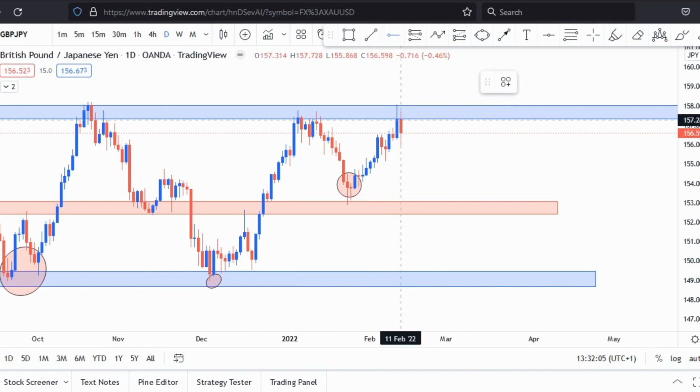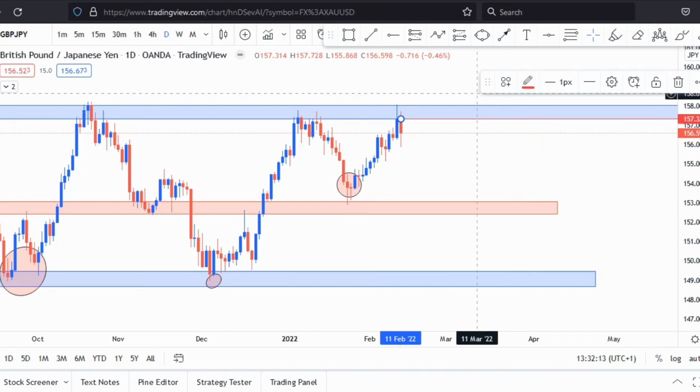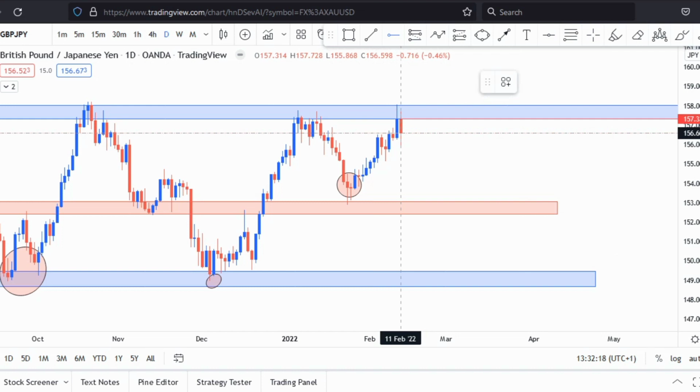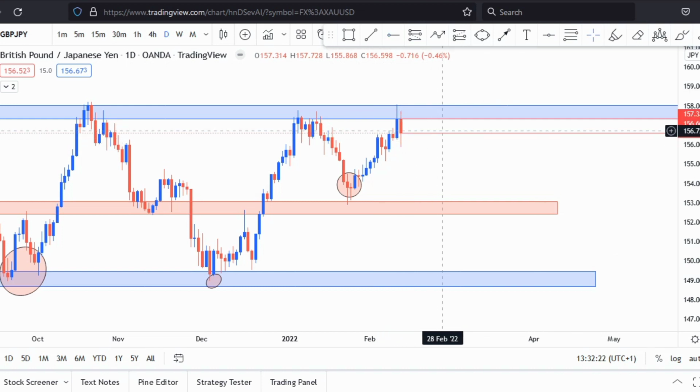Okay, and the way you can trade it is to put thin lines. We can represent it with red just to differentiate, at the upper body and then the lower body as well.